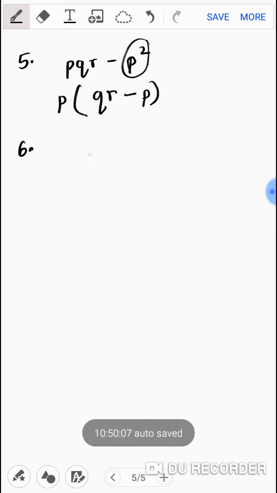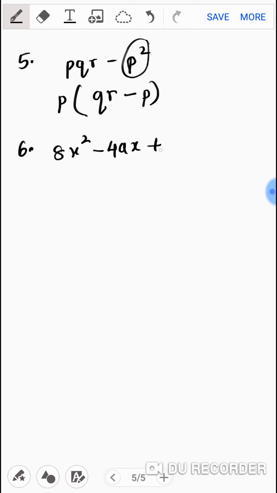6th I'll take 8x square minus 4ax plus 6bx. My dear kids, x is common, and you can also take the highest common factor of 4, 6, 8, that is 2.